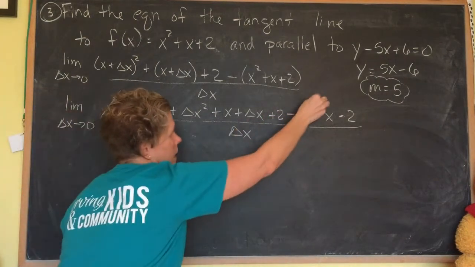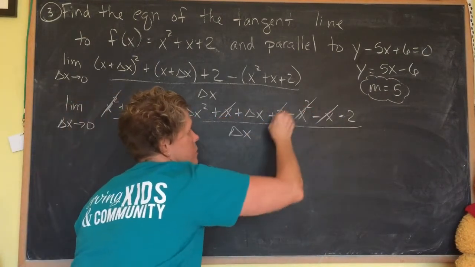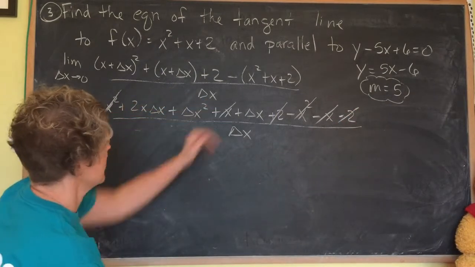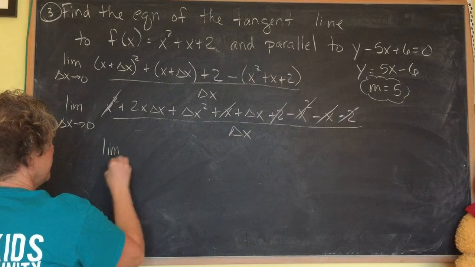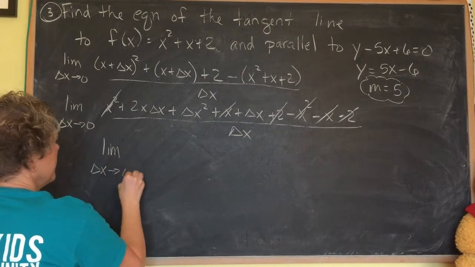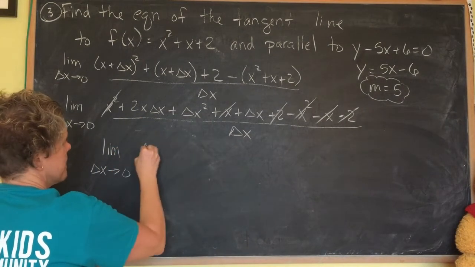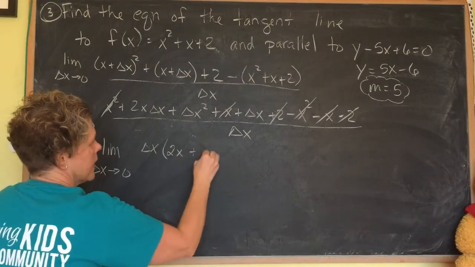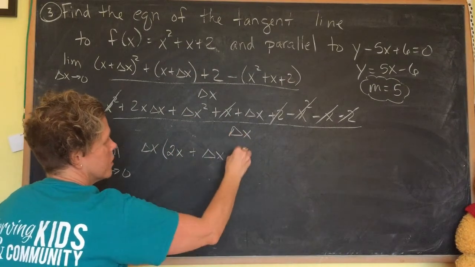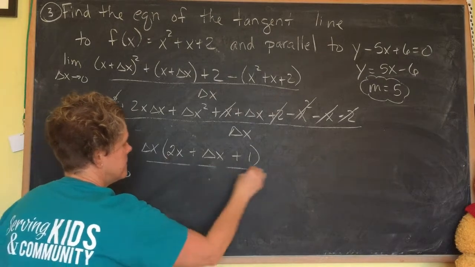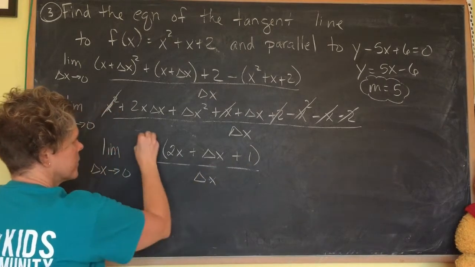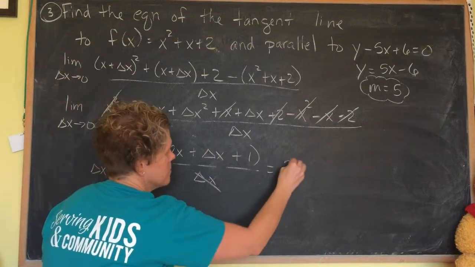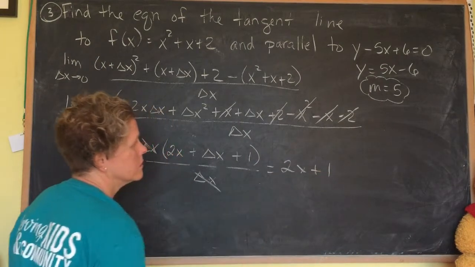X squared, x, x, 2. Again, if you did it right, you should have only delta x things in the top. So I'm going to take out a delta x, leaving me with 2x plus delta x plus 1. That cancels. If I put 0 in for delta x, that leaves me with 2x plus 1.